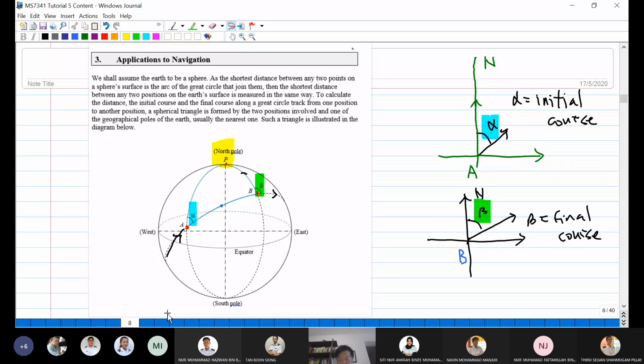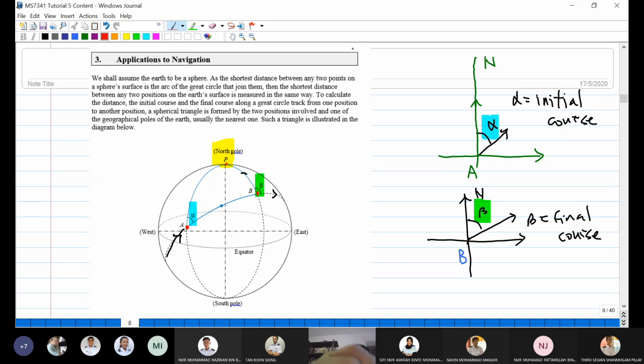So navigation basically is an application of spherical triangle. You can see in this picture there is a ship going from point A to point B along the circle.